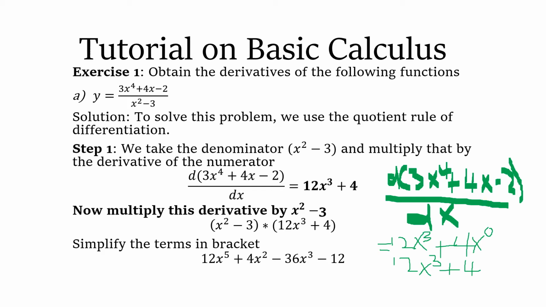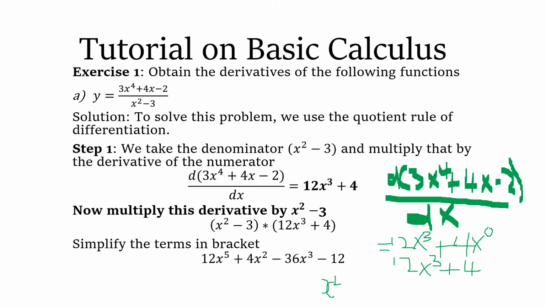Now let us multiply that by whatever is in the denominator. What is in the denominator? It is x squared minus 3. It doesn't matter whether the 12x to the power 3 plus 4 is in front or the back. It gives you the same result. So don't worry about that.